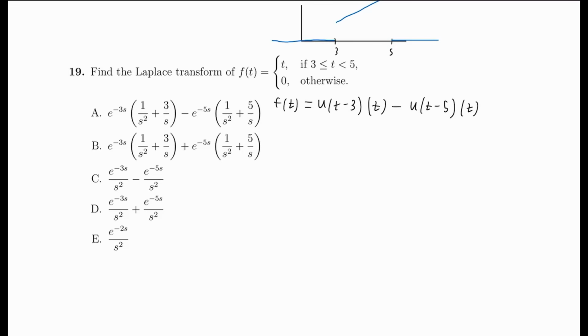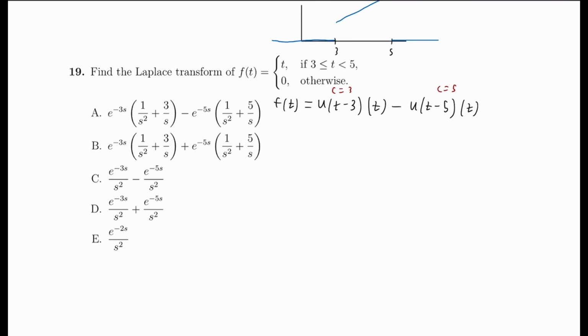We can go ahead and take the Laplace transform of both sides of this now. Starting with our u term, we see that in number 13 on your sheet, we need our little f function to be in terms of t minus c. Here c is equal to 3, and here c is equal to 5. But right now, we just have it as t.